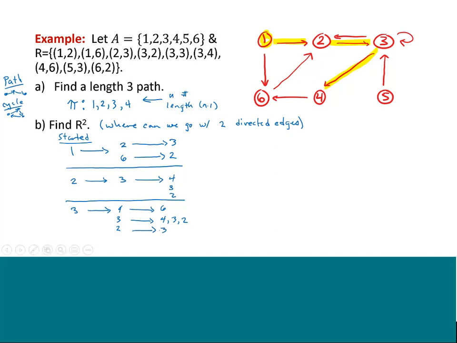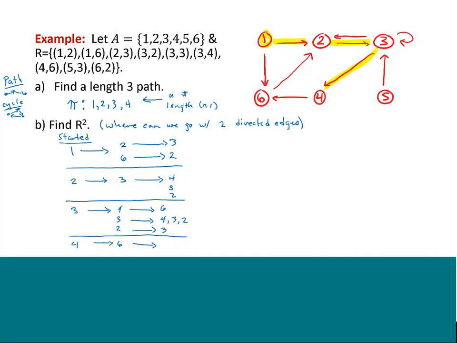Now, what happens if we start at 4? So at 4, you'd have to go to 6 because the out degree of 4 is 1. Notice the options that you have at each stage are totally based on the out degree of your vertex. So 4 to 6, and once you're at 6, where do you have to go?